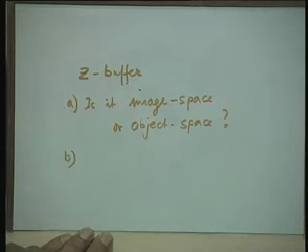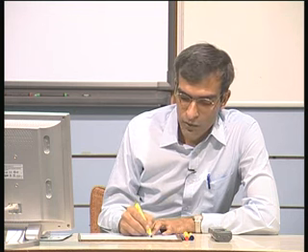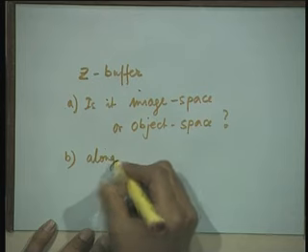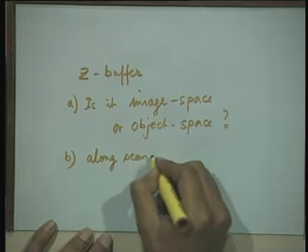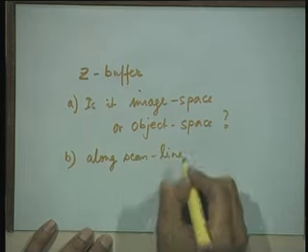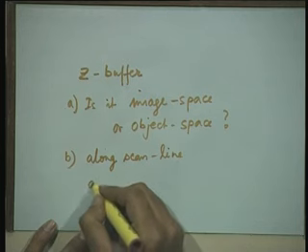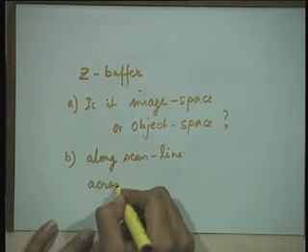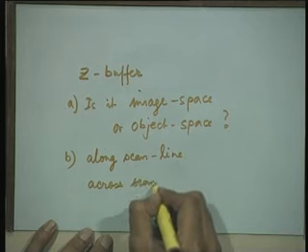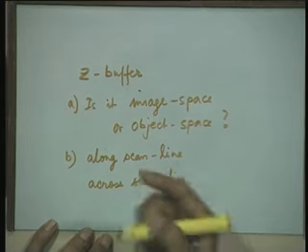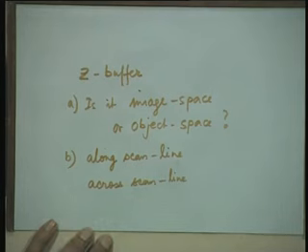B. So we have seen computationally what happens along a scan line, right? So along a scan line we have an incremental algorithm. What happens across scan lines? That means from one scan line to another scan line, right?